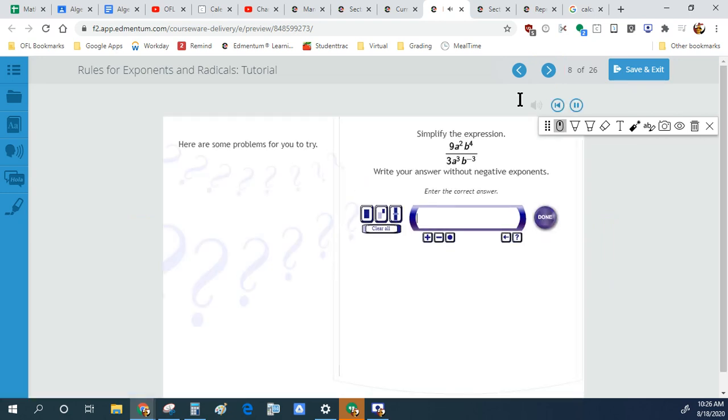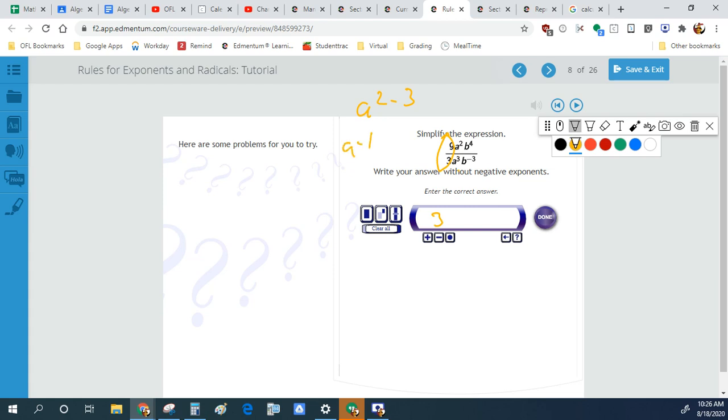So moving on. Now it wants us to do this. We're going to be able to do this in the equation editor. So once we get to the lesson activities, I'll show you how to do that. But we're going to solve this the same way we solved that other one. 9 divided by 3, that's just a 3. Then a to the 2 minus 3, because we have a negative 3 at the bottom, or we can just say it's 3 minus 3.